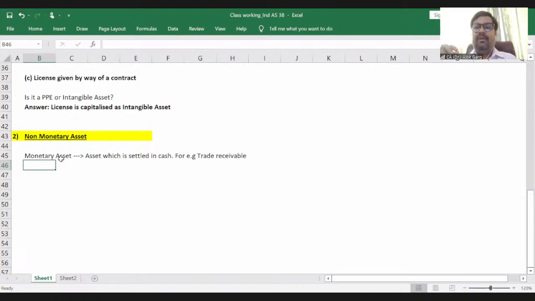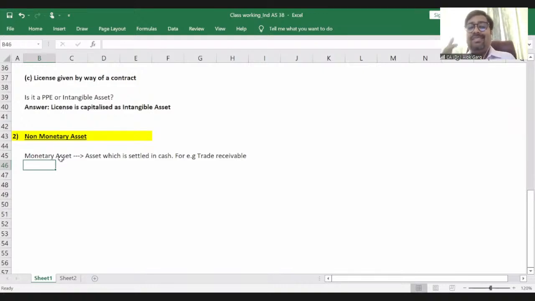When you sell this inventory to the customer, what accounting entry will you pass? You will pass a trade receivable, or let's say customer account debit, to inventory account. The moment you sold the inventory, the money receivable from this customer becomes definite. I mean to say, the price is identifiable, determinable, right?